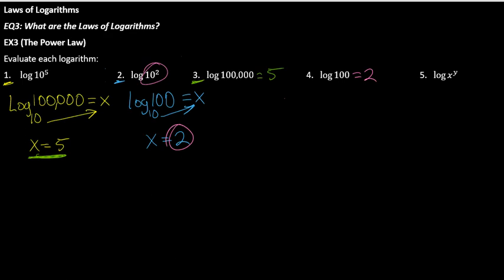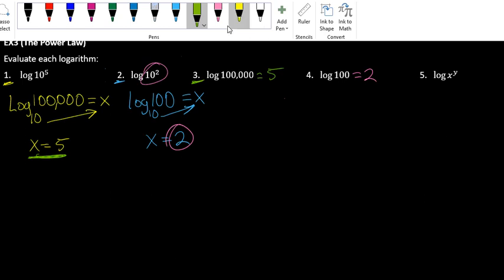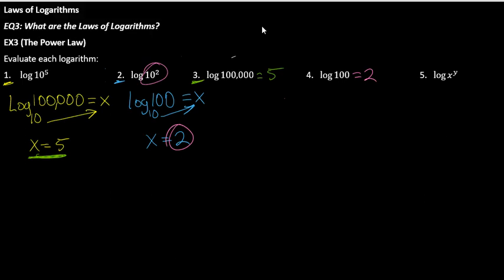Okay, so now, how on earth are we going to mess with this guy here, number 5? So how can we rewrite this as an exponential function instead? So I've got log base 10 of x is equal to y.